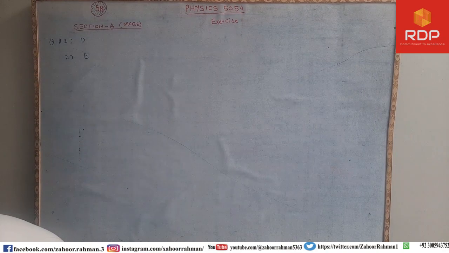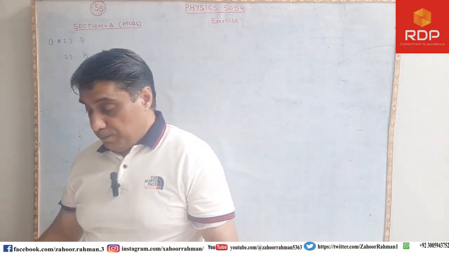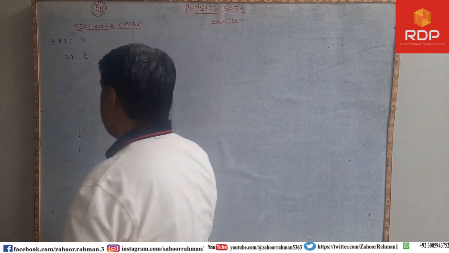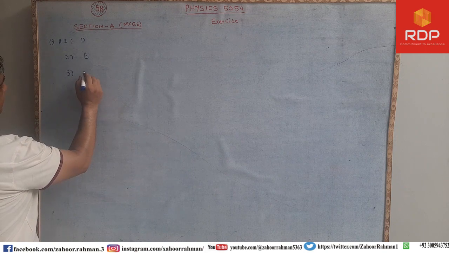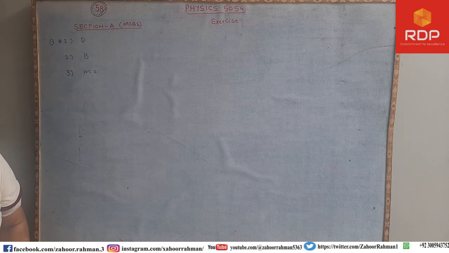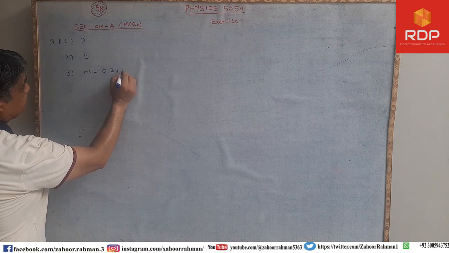Now, third question, when a 0.24 kilogram... we are writing the data as we are facing it. So m is equal to 0.24 kilogram.